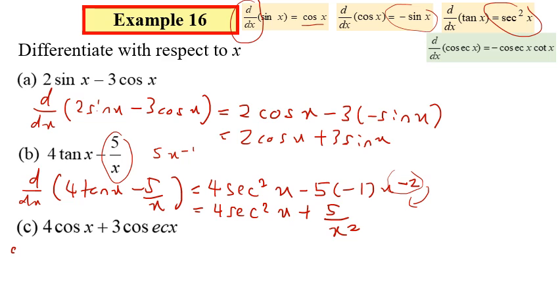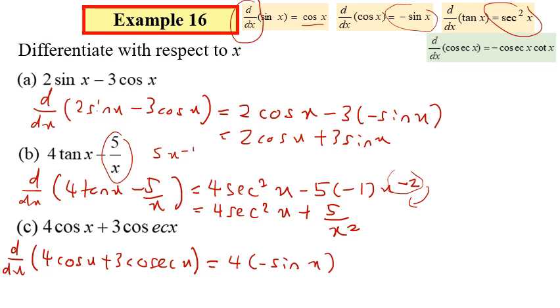Okay. Right. So lastly, we have 4 cos x plus 3 cosecant x. So don't forget, we have to write down the notation for d/dx. So copy down the question, 4 cos x plus 3 cosec x. So we know for cos we'll get a negative sign. So 4 times negative sine x. And then for cosecant, look at here below there, we have negative cosecant cotangent.